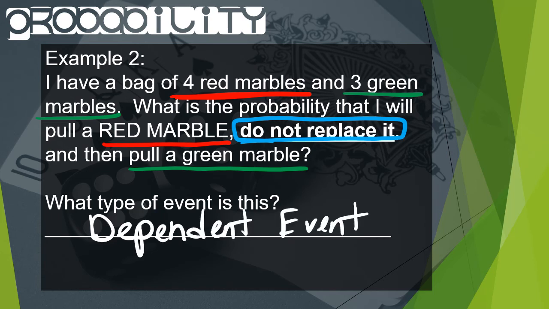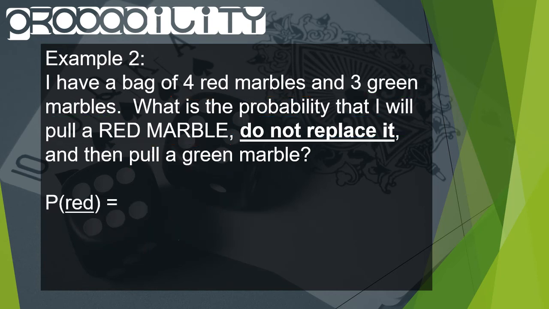Let's look at the math. For pulling a red, we start with 7 and there are 4 red marbles, so that fraction stays the same.